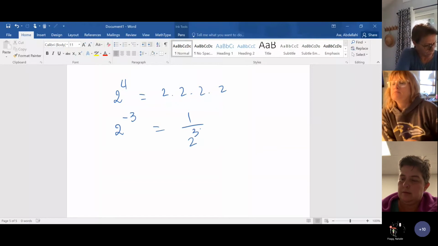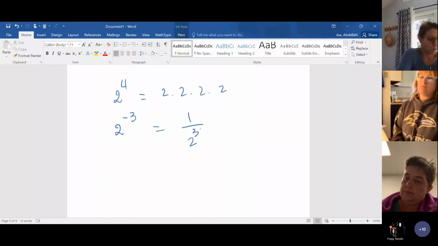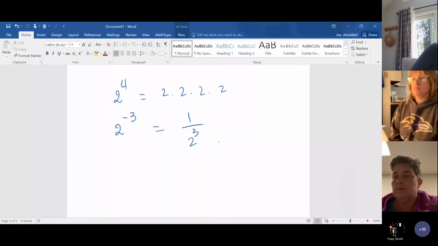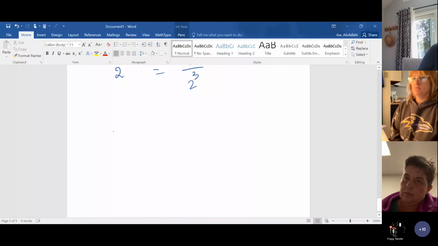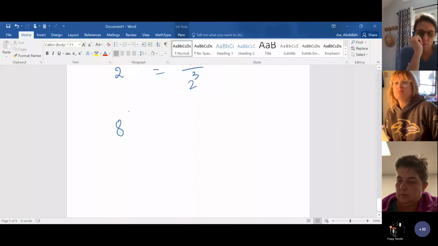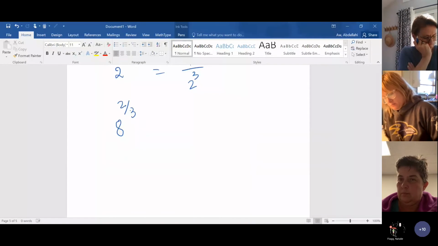And that is what we're going to define today. We're going to define what is an exponent that is a fraction. So for instance, what is 8 to the 2/3 power.